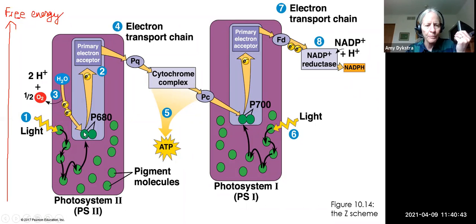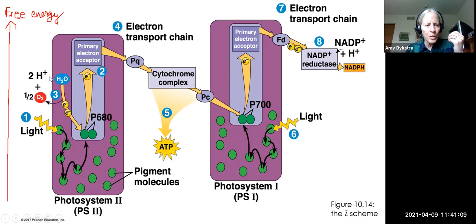come from water. So the source of energy is the light. The source of the electrons is the water. So water is split and electrons are moved from the water to the P680. This P680 is highly electronegative once it loses this electron.